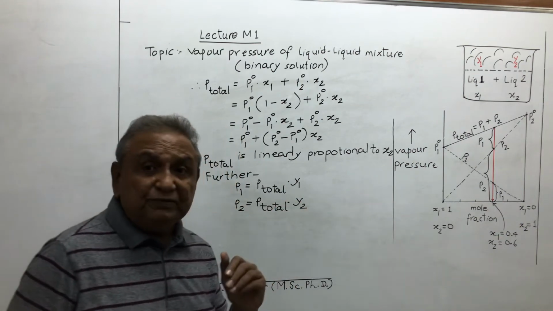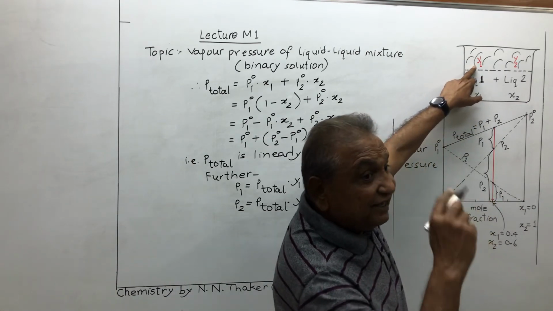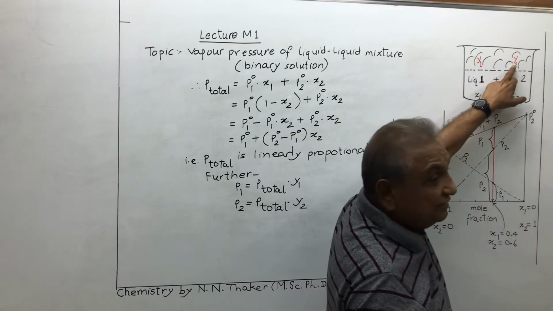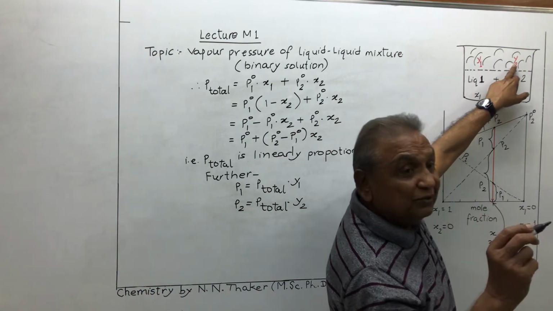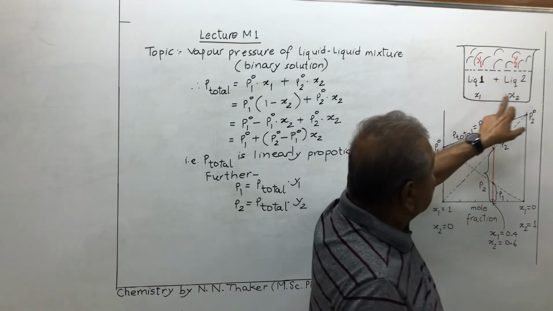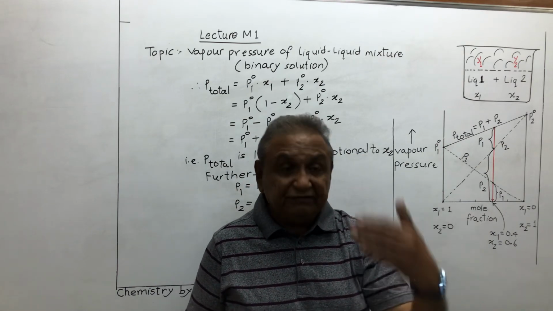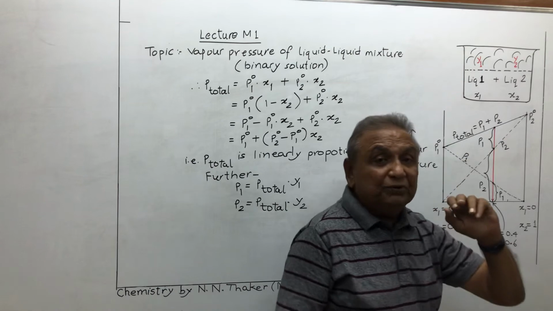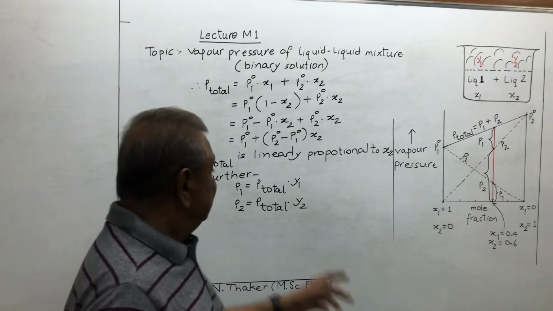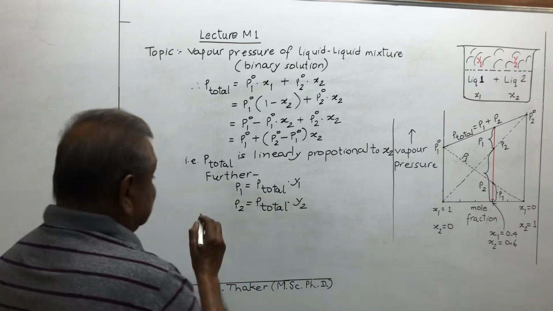What are y1 and y2? y1, the mole fraction of liquid 1 in vapor mixture. y2, the mole fraction of liquid component 2 in the vapor mixture. So, x1 and x2 are the mole fractions in the liquid mixture. y1 and y2 are the mole fractions in the vapor phase. This is also according to Dalton's law. Now, conclusion.